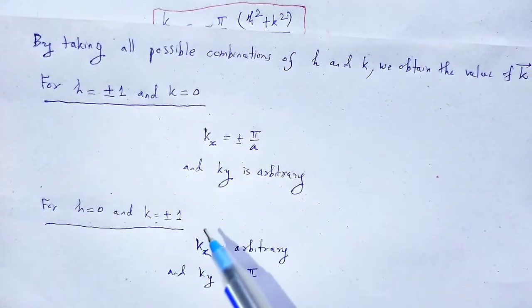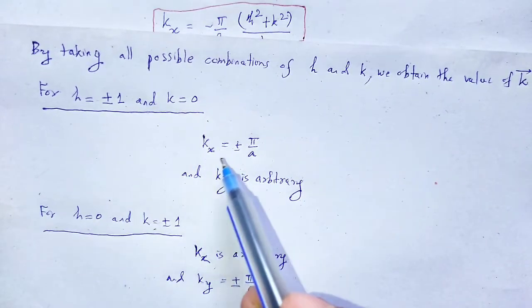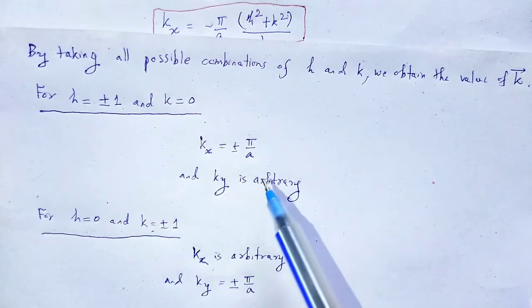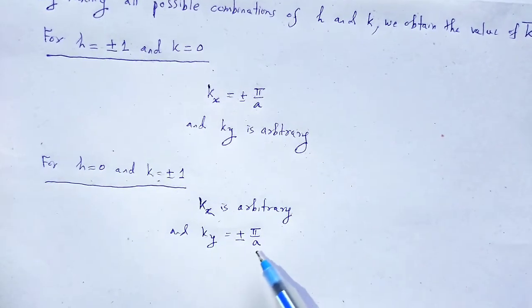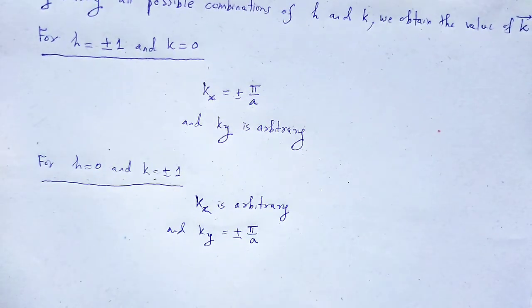That is the situation: the values of kx equal to plus minus pi by a and ky equal to plus minus pi by a.